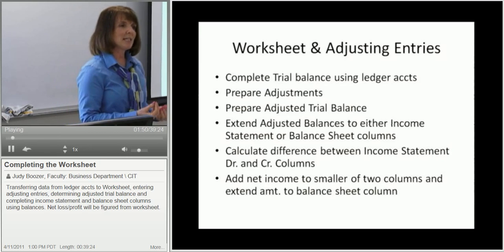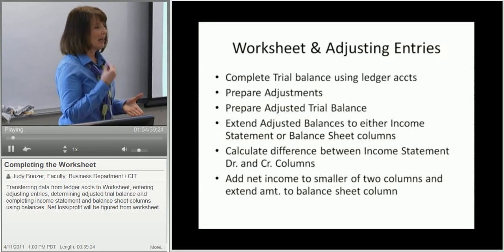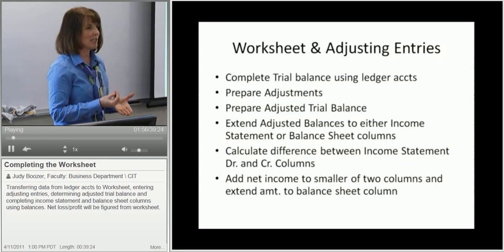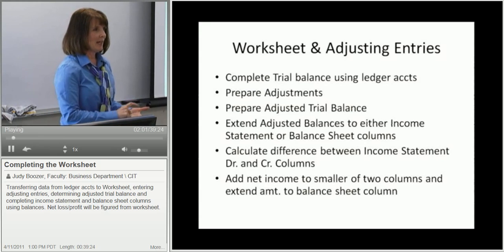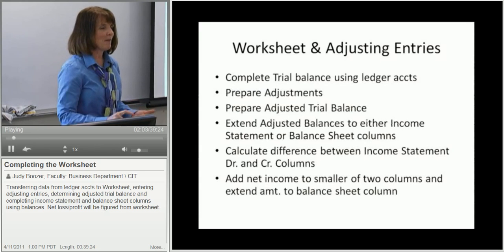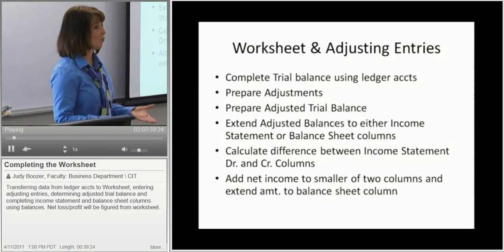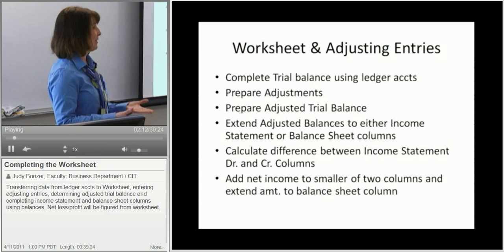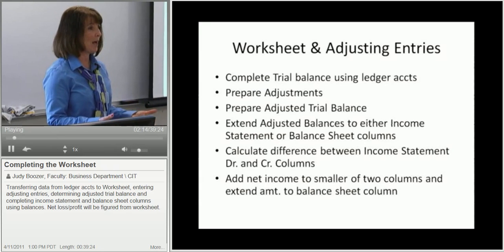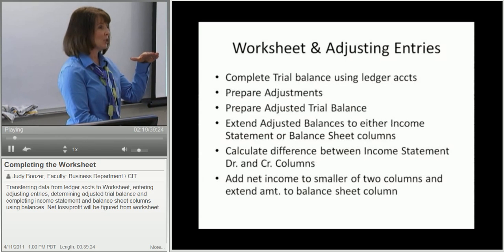In the process of doing adjusting entries, if more accounts need to be used for those adjusting entries, you'll add them at the bottom. Now, this method is required for my accounting lab, or it won't treat it as being correct. In actuality, I find it far easier to do it this way, and that's just to list all of your accounts in the general ledger, whether they have balances or not.